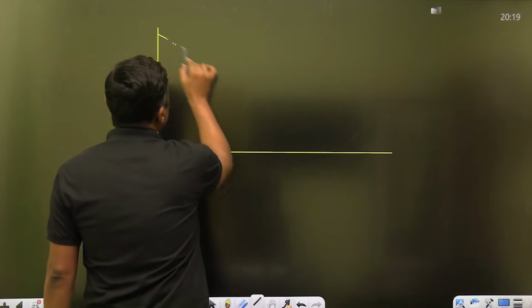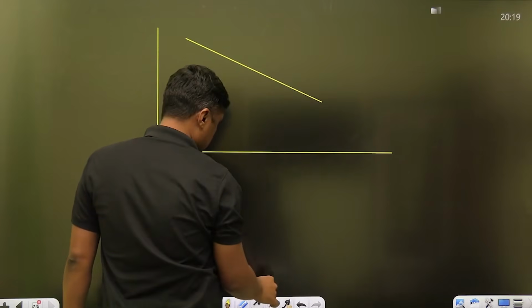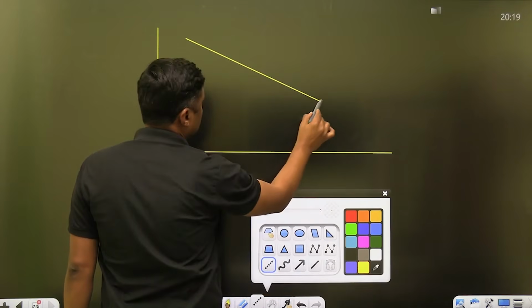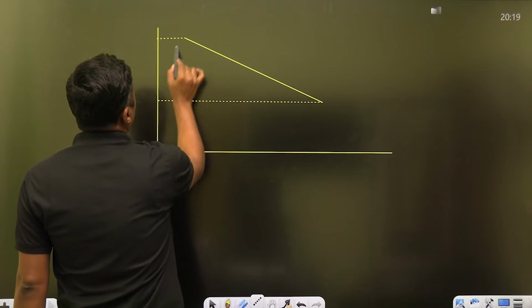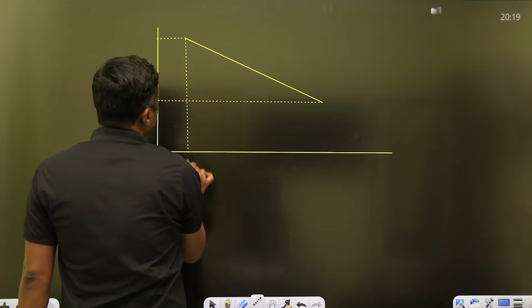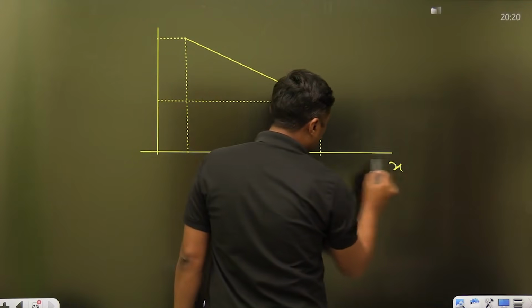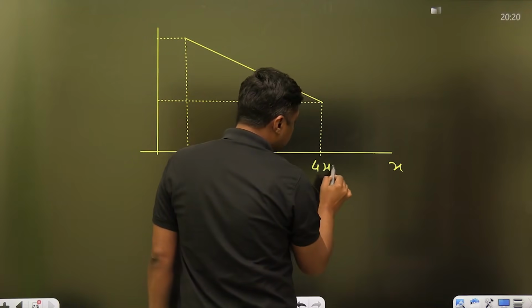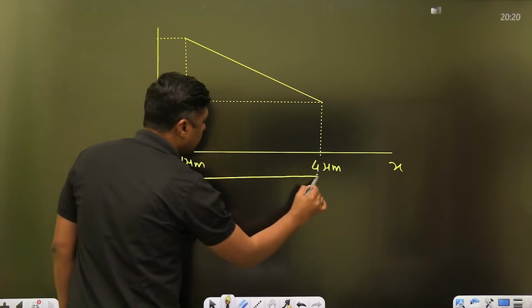Concentration decreases like this. This is the x, 4 micrometer. It is given. It is 1 micrometer. So what is the gap here? 3 micrometer.